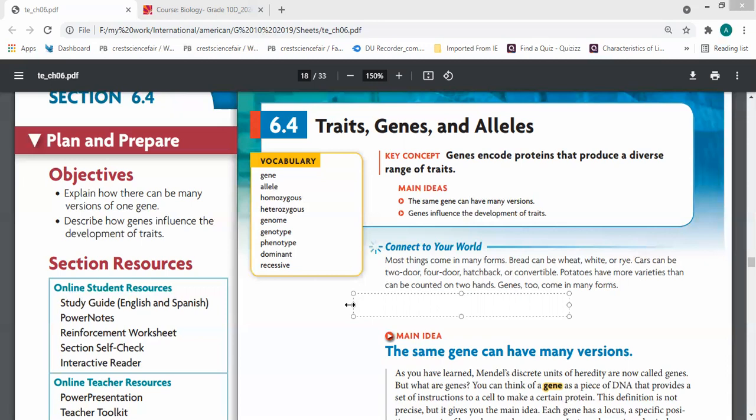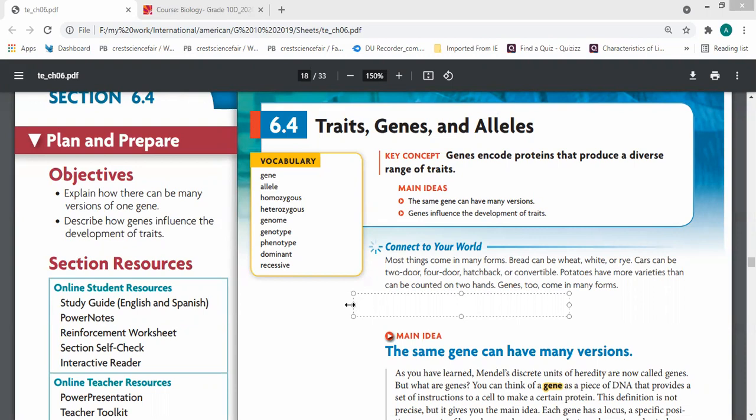So each trait is represented by two letters. The two letters are similar, or homozygous, in case of a pure trait. Both of them are similar, both capital or both small.